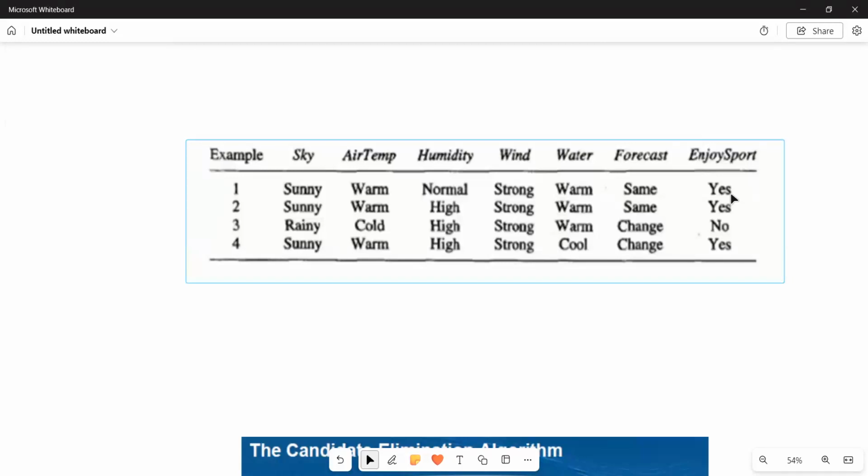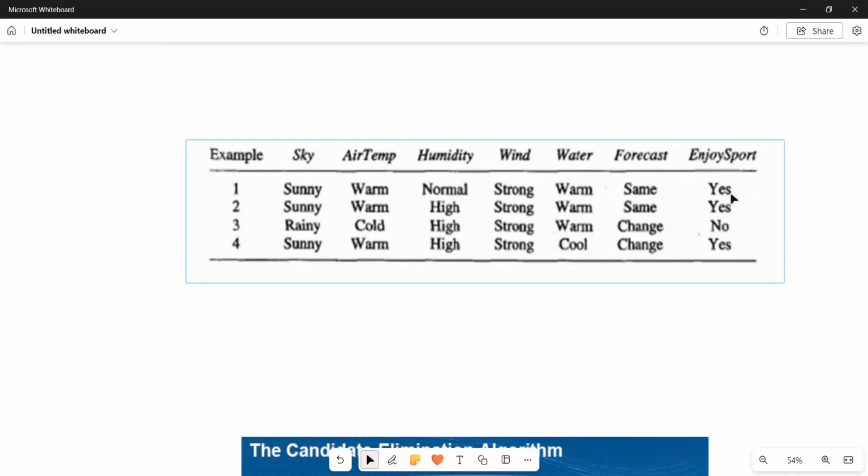If it is consistent, we are going to retain it as it is. Otherwise, we will write the next general hypothesis. The same way we'll verify the specific boundary. When the outcome is positive, we go first to the generic boundary. When the outcome is negative, we go first to the specific boundary.